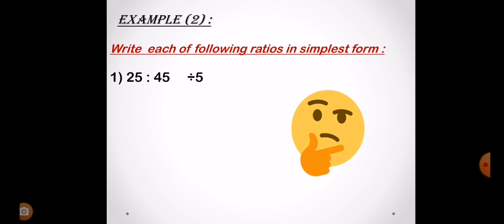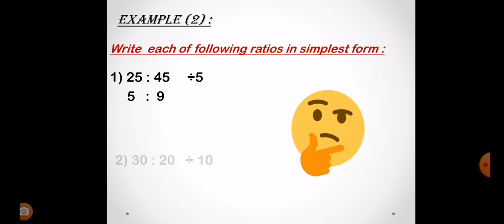So I divide 25 by 5 and 45 by 5. The answer will be 25 divided by 5 is 5, and 45 divided by 5 is 9. So the ratio in simplest form is 5 to 9.